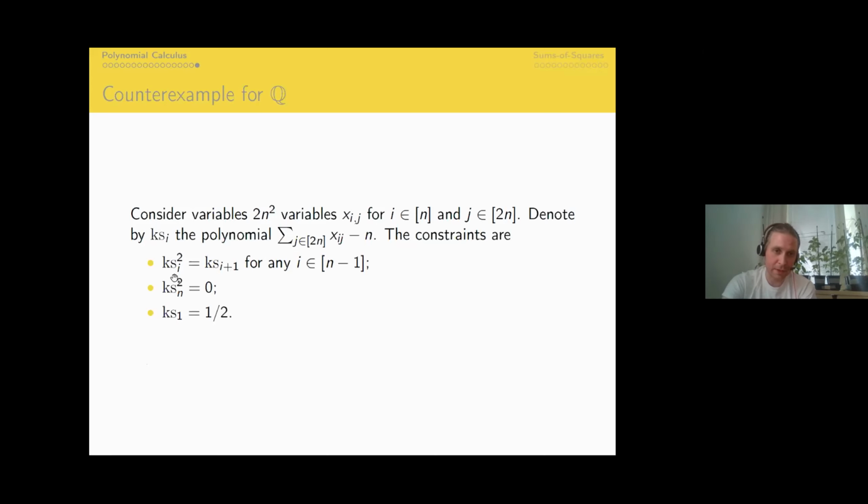So the constraints are here, and there's this repeated squaring that's inherent here.